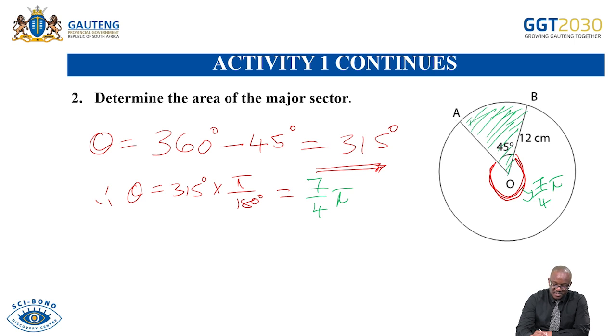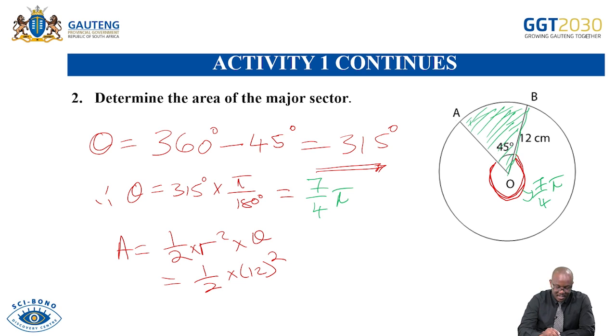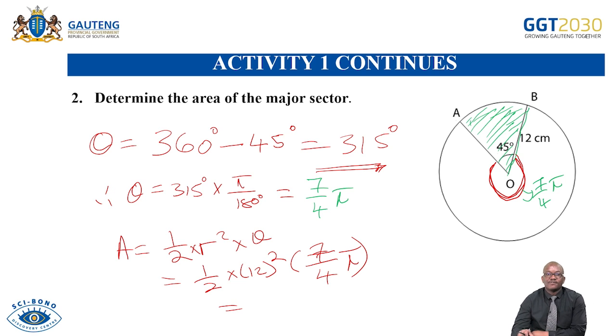The radius stays the same. Remember, your radius is 12 centimeters. You go to your formula sheet, write down the area of a sector, and substitute 1 over 2 multiplied by 12 squared, which is your radius.